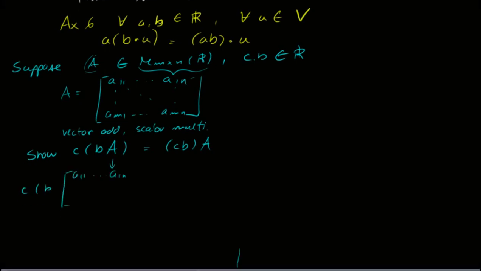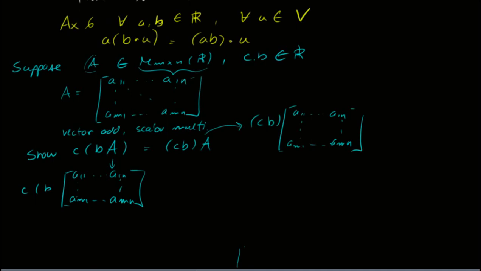So you have c times b times A11 through A1n, and then down here you have AM1, and then over here you have AMN. So then what you'd want to do is get to something that looks like cb times A11 through A1n, and down here AM1 through AMN. So that's what you want to get at.